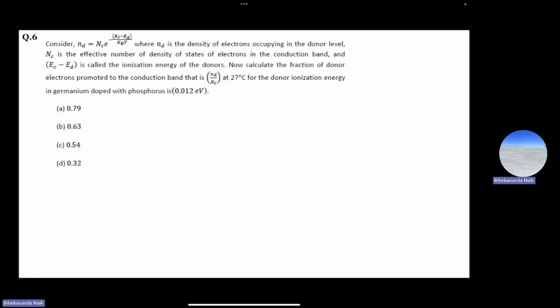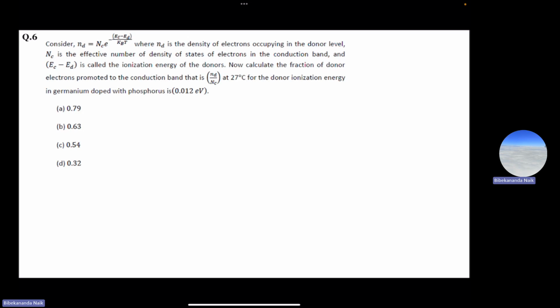Now we will move to question number 6. The question says, consider Nd equals Nc exponential minus (Ec minus Ed) by kBT, where Nd is the density of electrons occupying the donor level, Nc is the effective number of density of states of electrons in the conduction band, and Ec minus Ed is called the ionization energy of the donors.